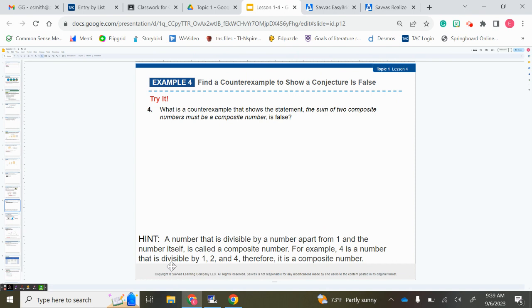We have to add two composite numbers together and get a prime number. So what two composite numbers add together can give me a prime? 21 and 8.